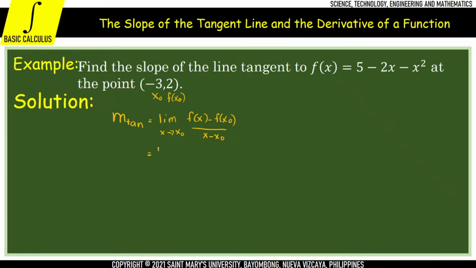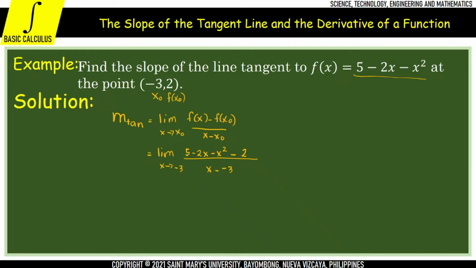which means that substituting, that will be equal to the limit of f of x, that is the original function, 5 minus 2x minus x squared, minus f of x sub 0 which is positive 2, all over x minus negative 3, as x approaches x sub 0 which is negative 3.